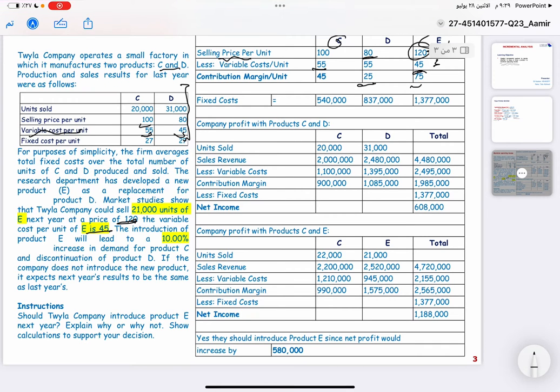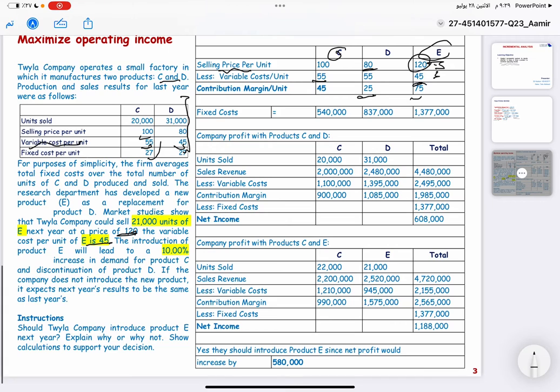So we multiply the fixed cost per unit times units sold: 27 times 20,000 equals 540,000. Here is the same calculation, and the total will be 1,375,000.